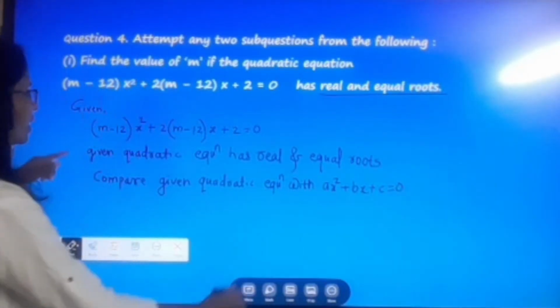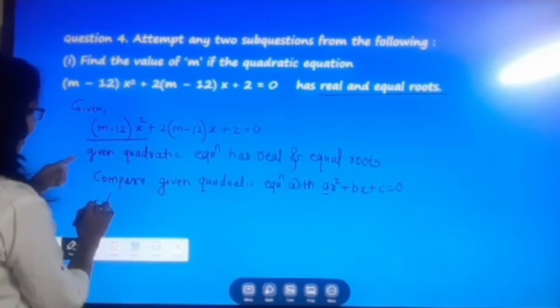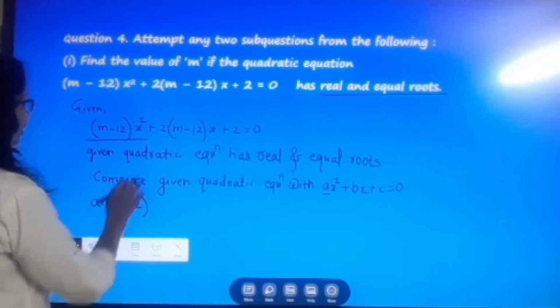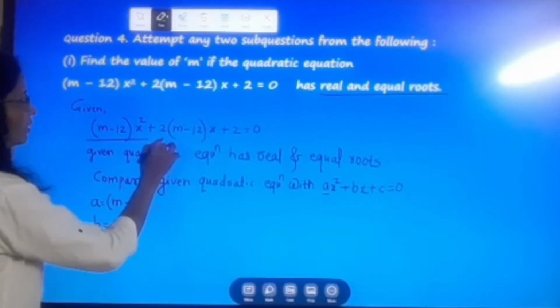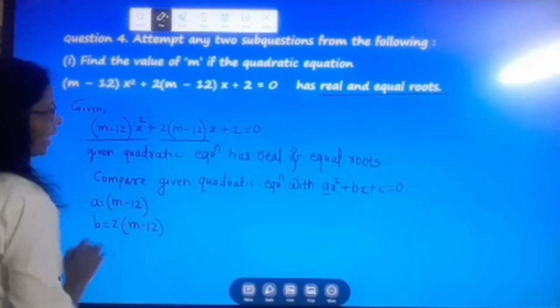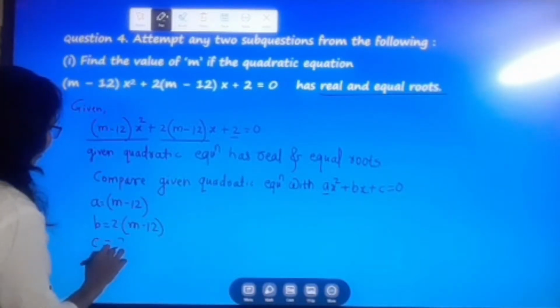And that means students, at the place of a here is m minus 12. So I write a is equal to m minus 12. Then at the place of b here is 2 multiplied by m minus 12. And at the place of c here is 2. So c is equal to 2.